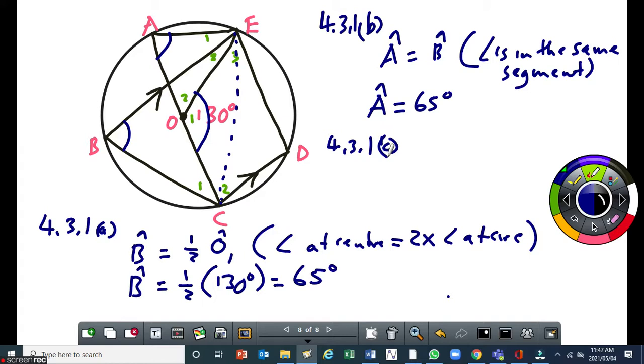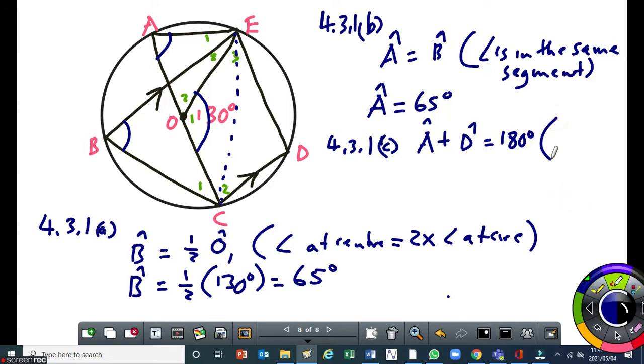So in my case, I'm going to write angle A plus angle D is equal to 180 degrees. Your reason is opposite angles of a cyclic quadrilateral. Remember the acceptable reasons that I gave you. That's your benchmark. Those are the reasons that you're supposed to provide. So if you say B plus D, will that also be correct?